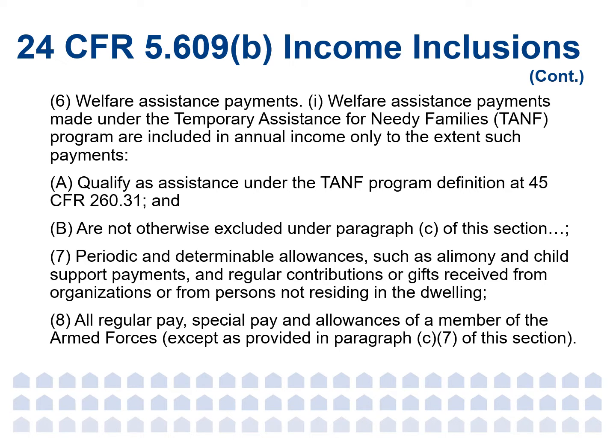Please note that 24 CFR 5.609 also specifies how to determine income when a portion of the welfare payment is specifically designated for shelter and utilities, but that is not currently relevant in our community. Also counted as income are alimony, child support, and other periodic and determinable allowances, as well as military pay.